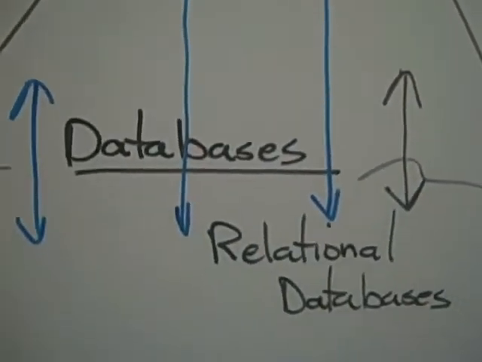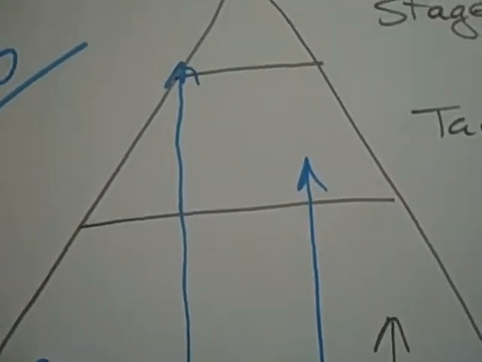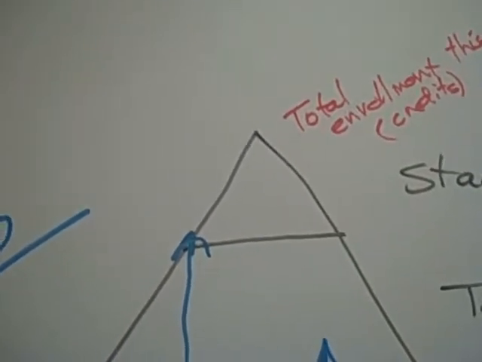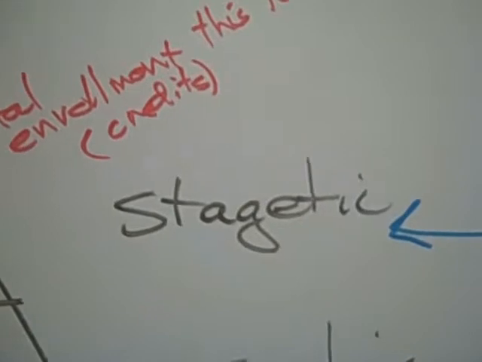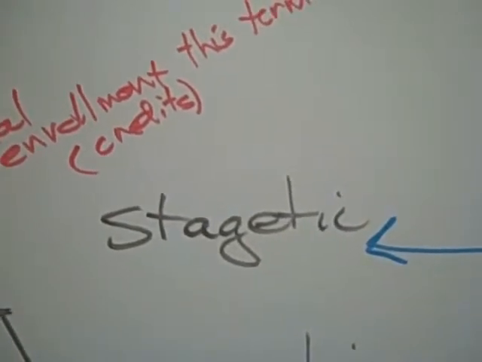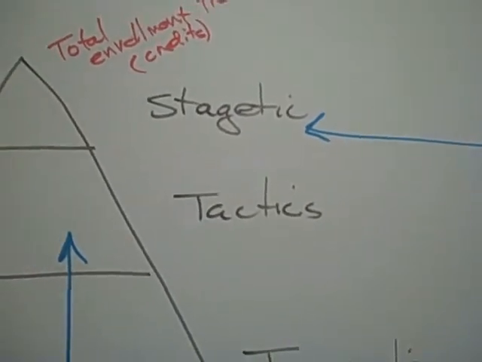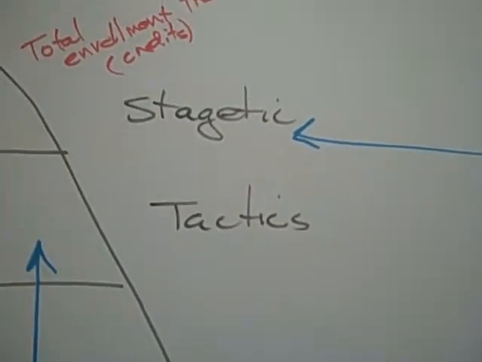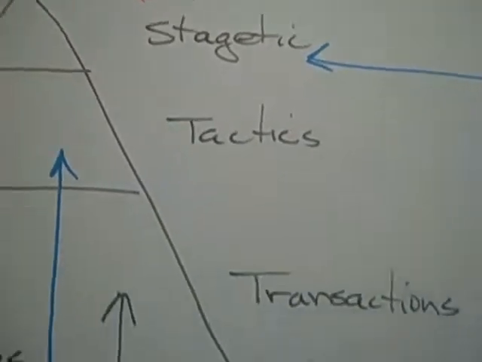So we take out of this data and we convert it into something that's more meaningful in order to make decisions. We call that strategic, long-range goals for the college, for example, or any business. Tactics, the process of making things function on a regular basis, day in, day out.